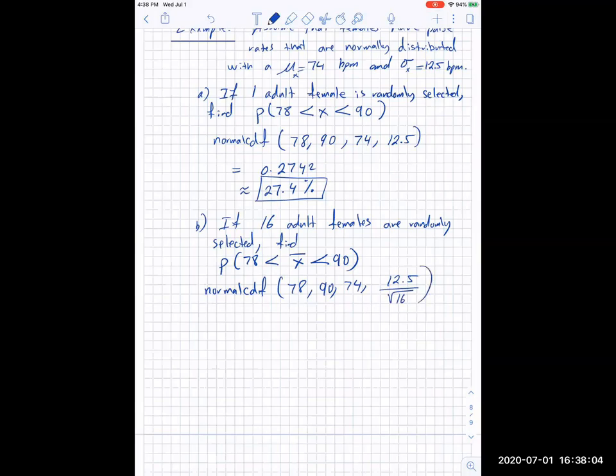Let's figure out what this value is. 12.5 over 4, square root of 16, 3.125.